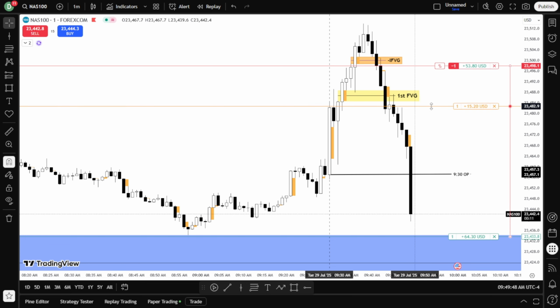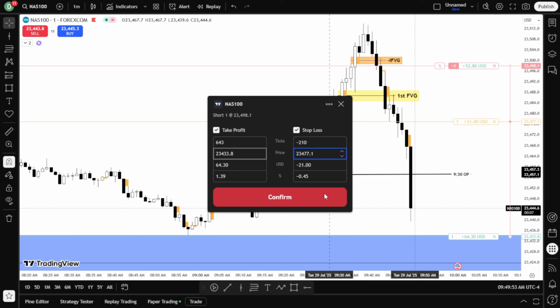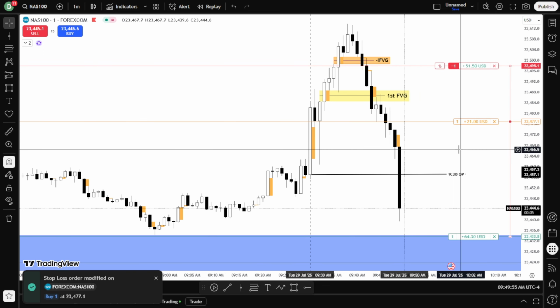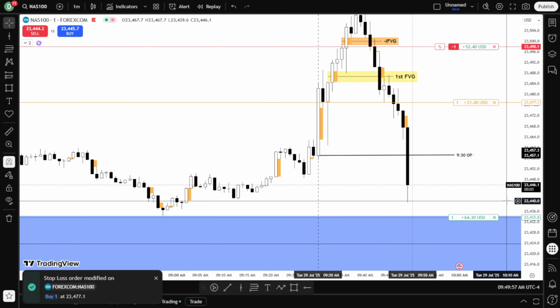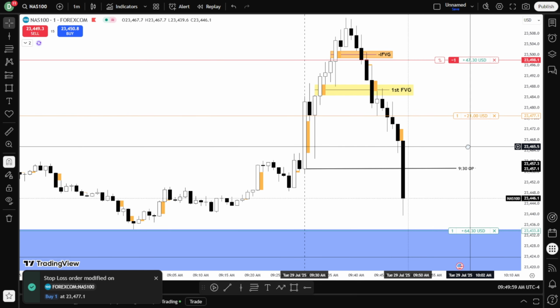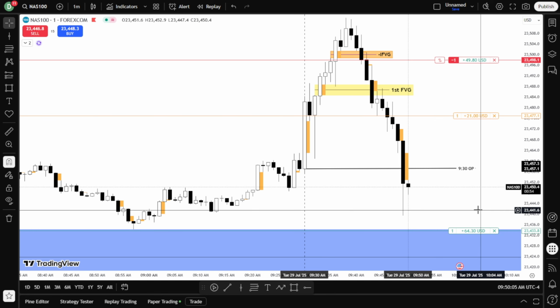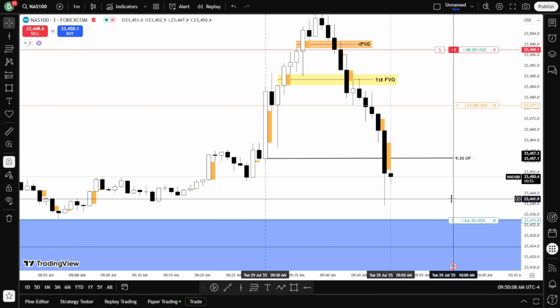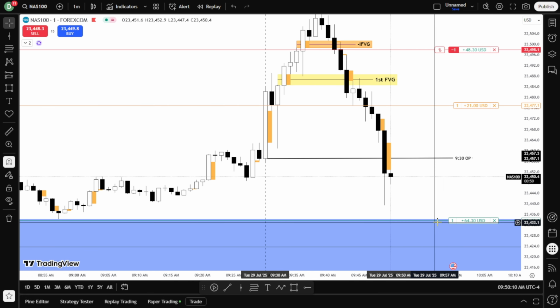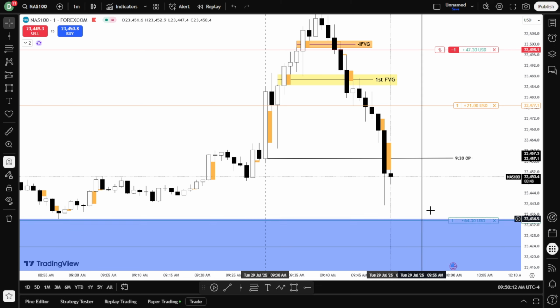Look at that. So I have now more increased it. Let's see if it can give us our target, that is right here.